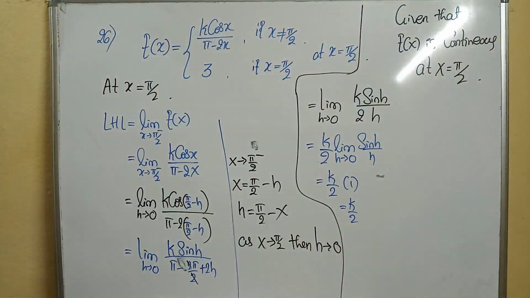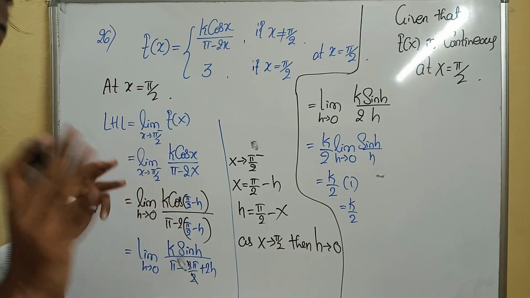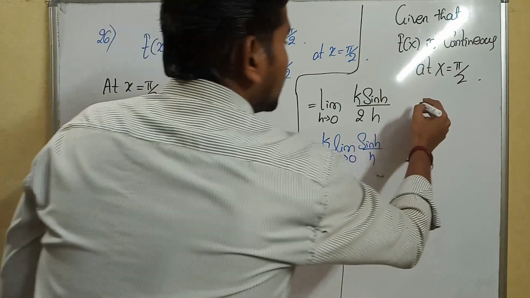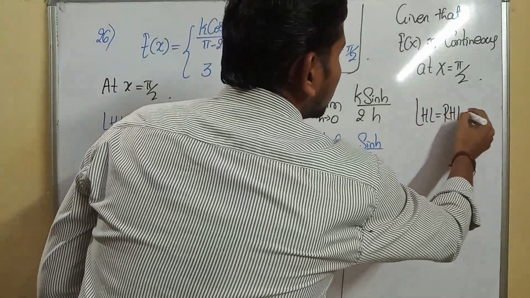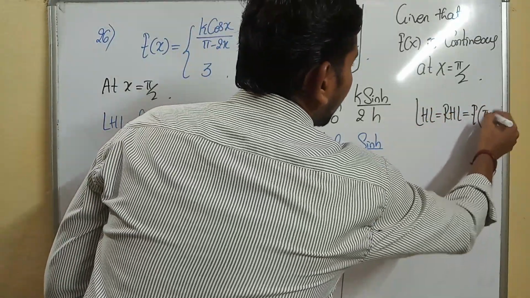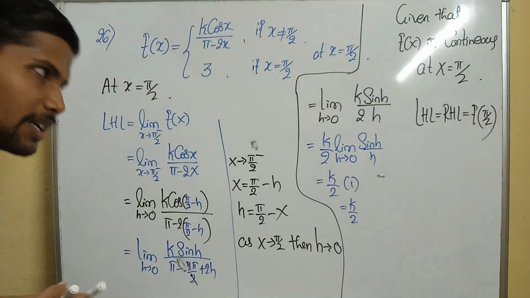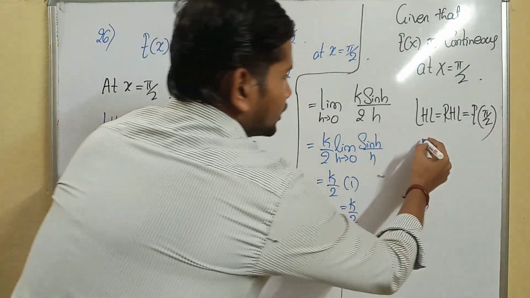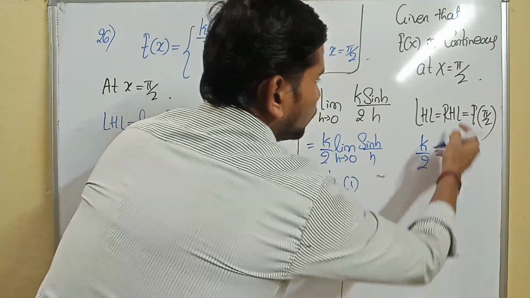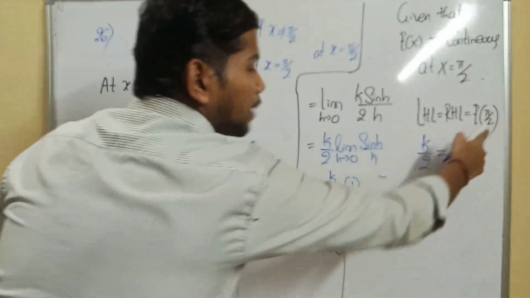The given function is continuous at x equal to pi by 2. Because of that reason, LHL is equal to RHL is equal to, at that point, f of pi by 2. What is LHL value? We got the LHL value as k by 2.